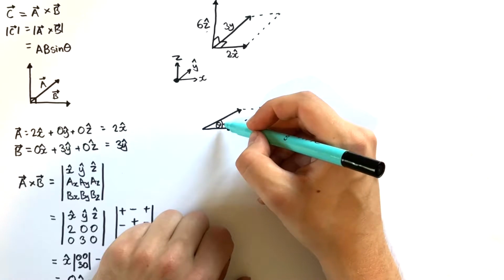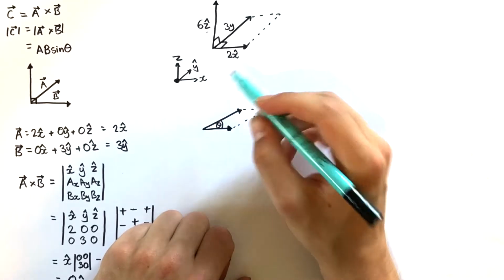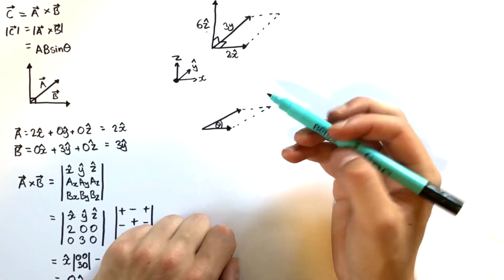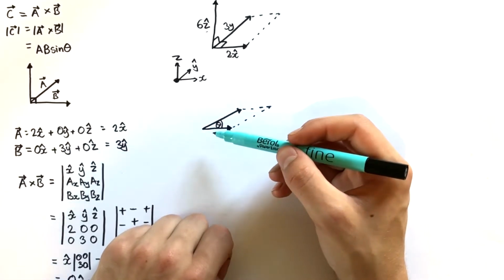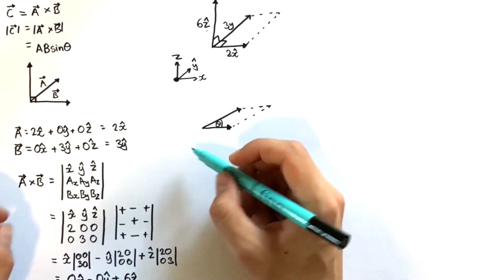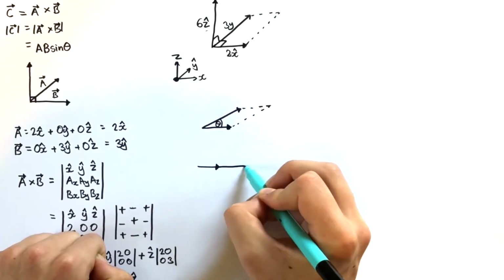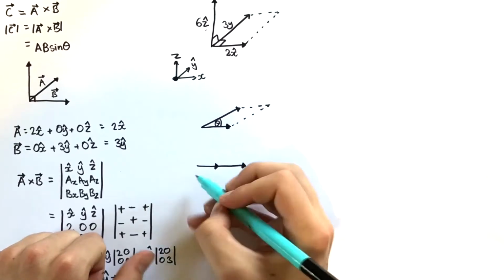And we can see that if theta is 0 degrees, then we're not going to get any area at all, and so we're just going to get 0 as the cross product. That basically says that if you cross two vectors that are pointing in the same direction, you're going to get 0.